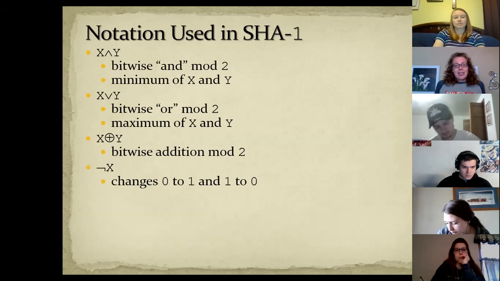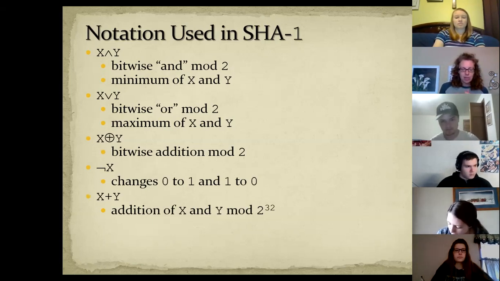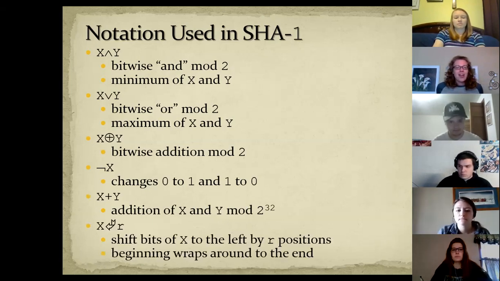We've got a not. It changes 0 to 1 and 1 to 0. That one's easy. This one's weird. We've got X plus Y. So this is addition of X and Y mod 2 to the 32nd. And then we've got this fun rotation.